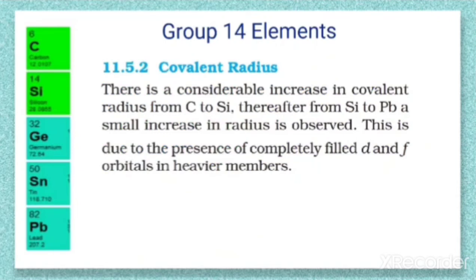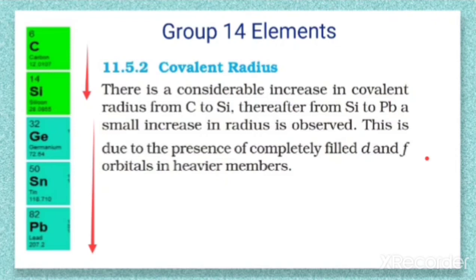When we talk about the covalent radius, there is a considerable increase from carbon to silicon. Thereafter, from silicon to lead, only a small increase in the radius is observed. A very little change is observed in these elements. This is due to the presence of completely filled d and f orbitals in the heavier members.